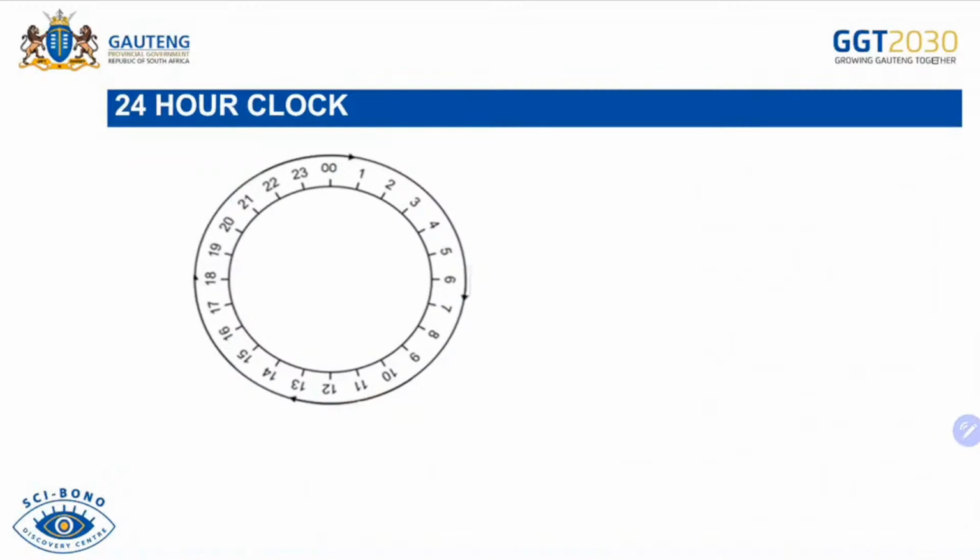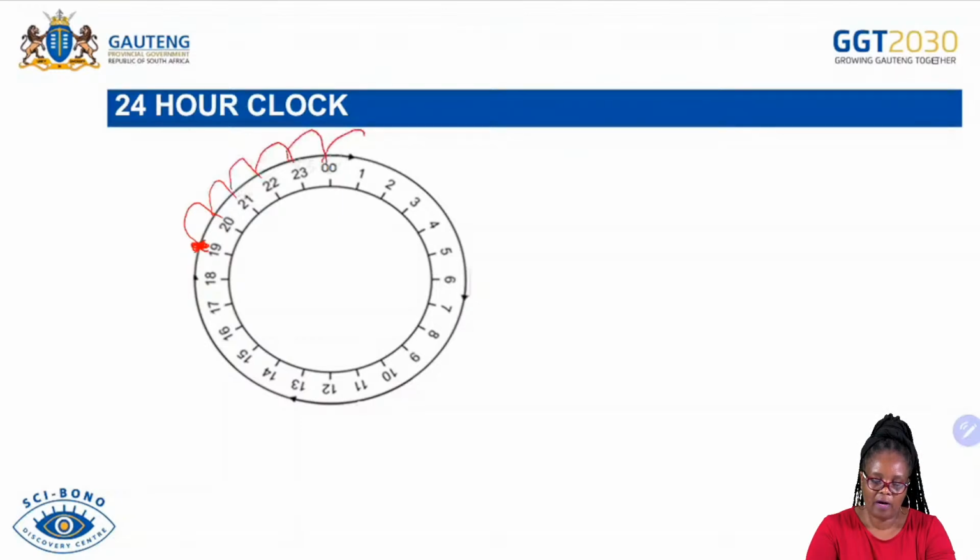We move from 19 and add 6 hours time difference. It's 1, 2, 3, 4, 5, and 6.